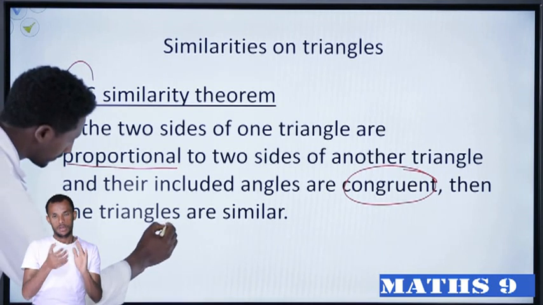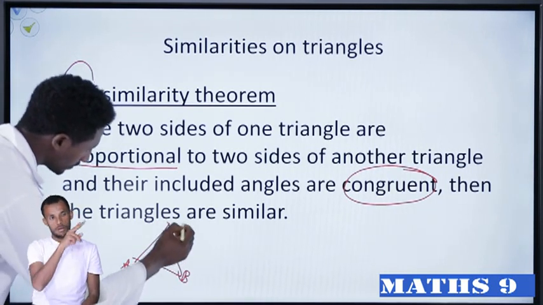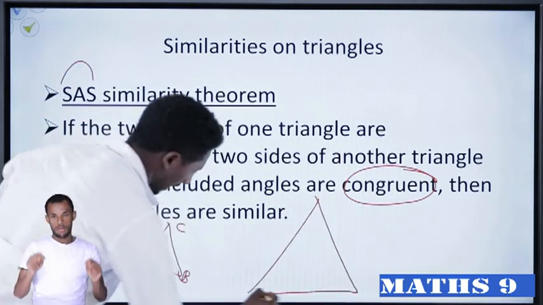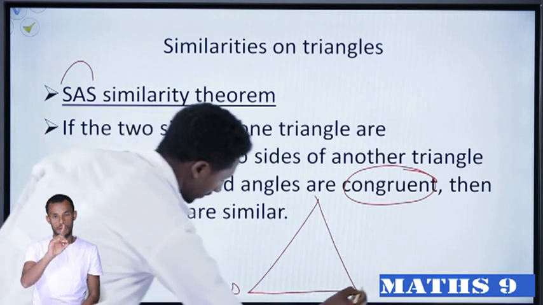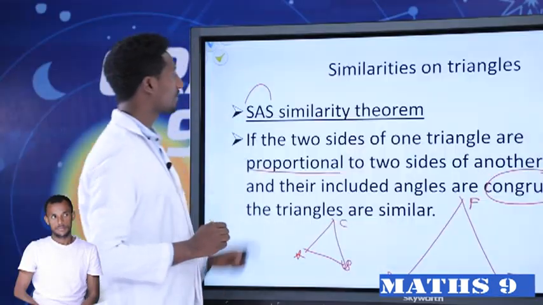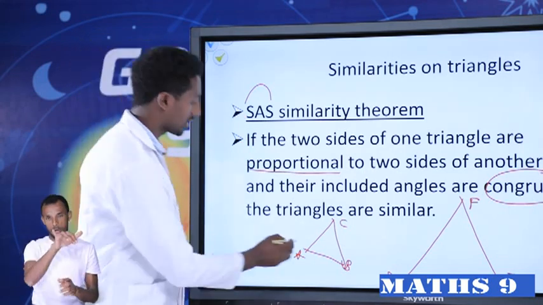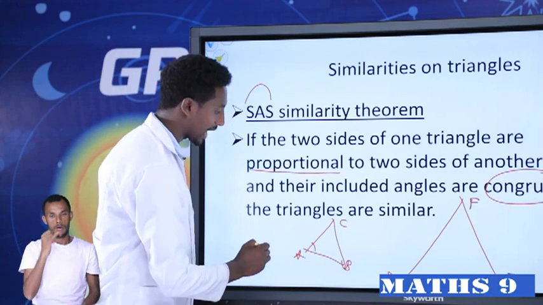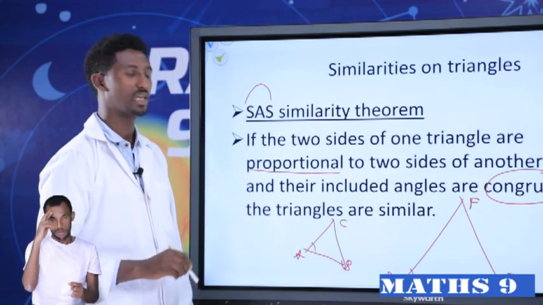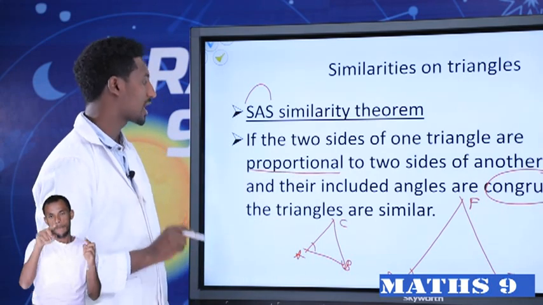For example, this is triangle ABC, and another triangle, DEF. They are similar by side-angle-side similarity, meaning angle A is congruent to angle D, because in similar figures, angles in corresponding positions must be congruent.